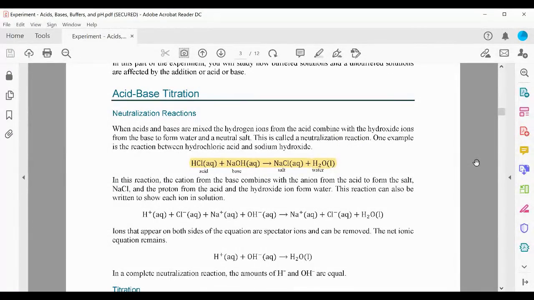We know it from Chem 1, but just to refresh, it's a reaction where an acid reacts with a base to form salt and water. Here, hydrochloric acid reacts with sodium hydroxide to produce a salt, sodium chloride, and water.